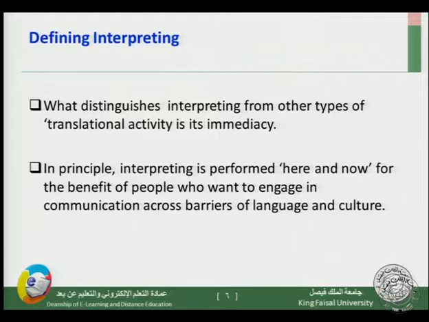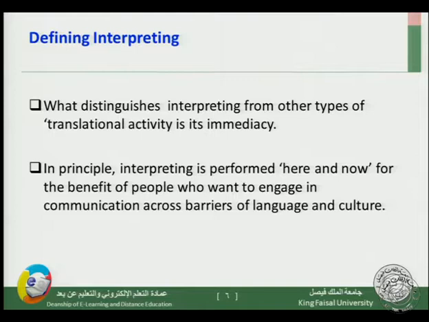So, how can we define interpreting? What distinguishes interpreting from other types of translation activity is its immediacy. Learn it. Immediacy. This is what makes interpreting different from any other types of translation.